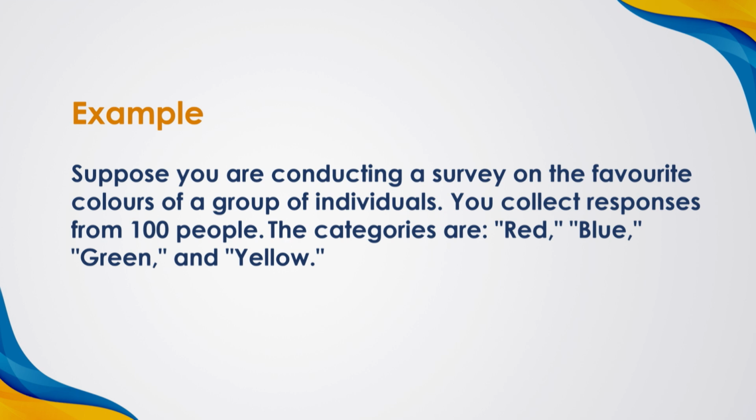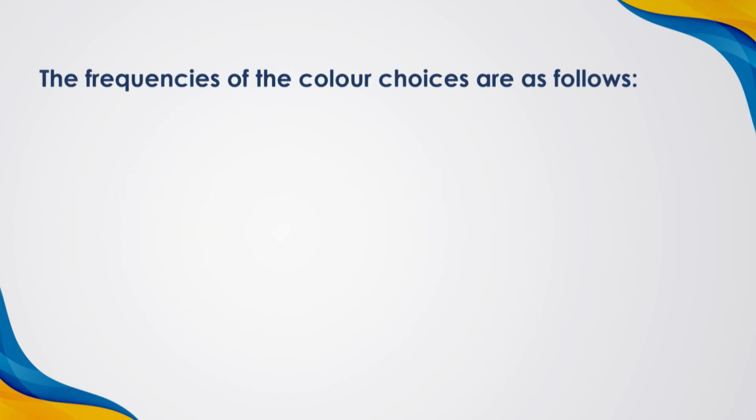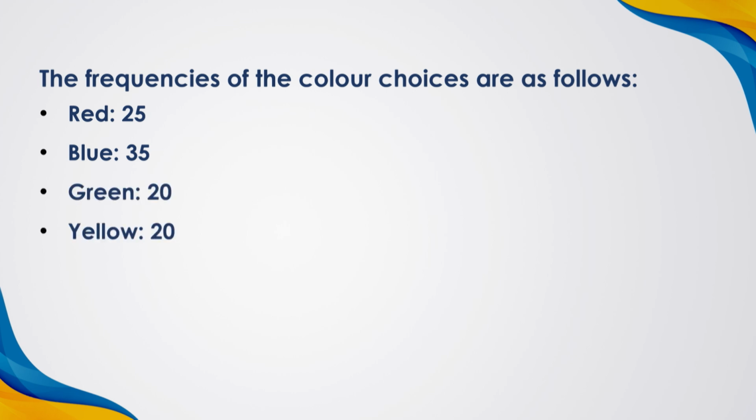The categories are red, blue, green and yellow. Let the frequencies of the color choices be as follows: red with 25, blue with 35, green with 20, then yellow with 20.